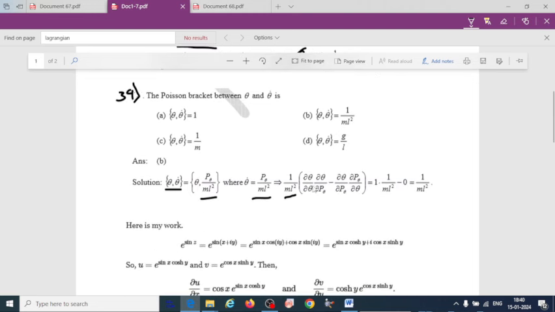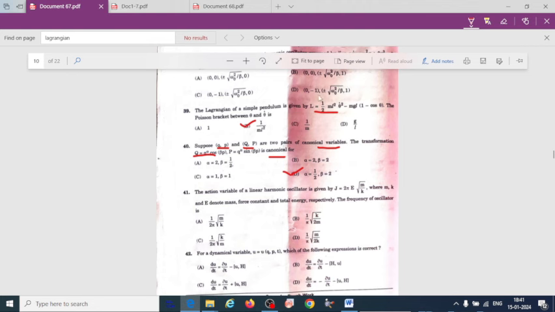If we differentiate with respect to theta and p theta, taking 1 divided by ml square common, the second term is going to be 0, so the first term is equal to 1. Then 1 divided by ml square minus 0 we will get. So finally the Poisson bracket theta comma theta dot is equal to 1 divided by ml square. So here the option B is correct.